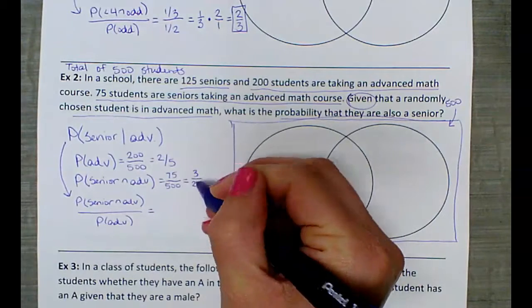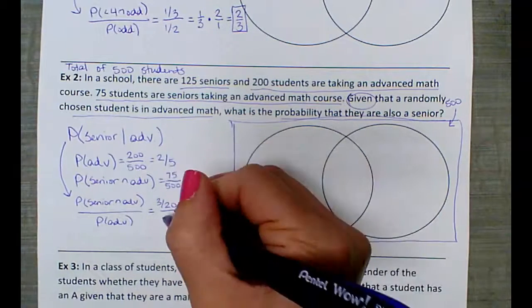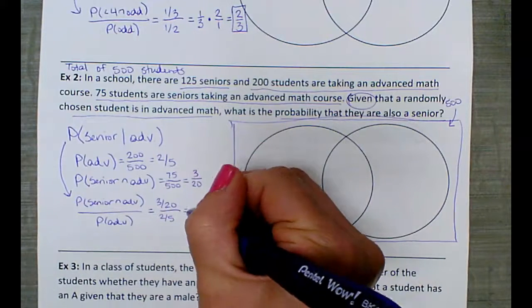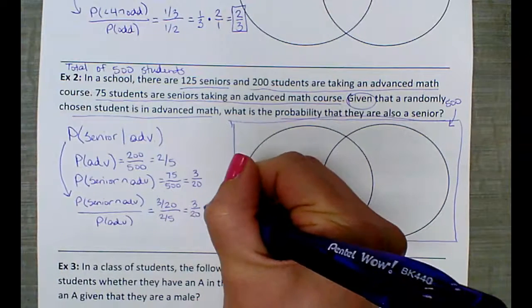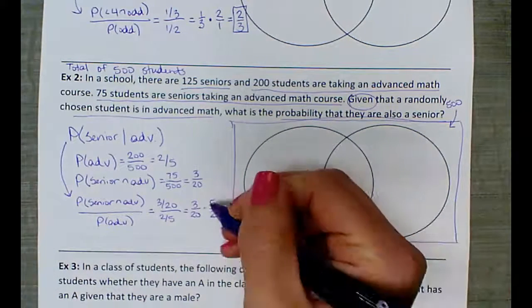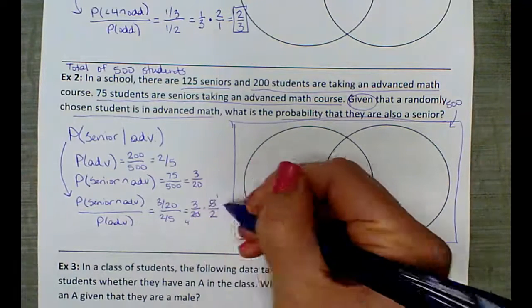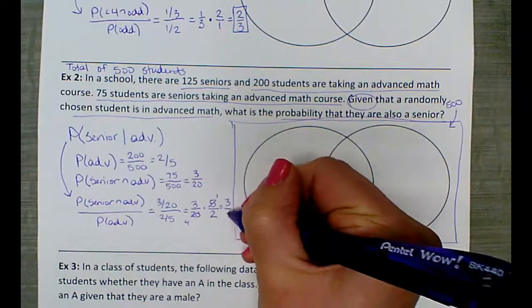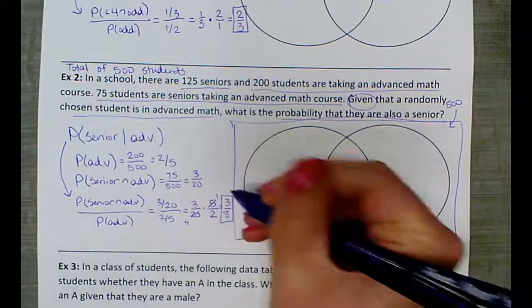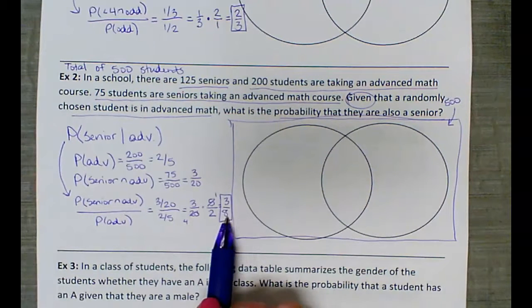So that's 3 out of 20, divided by 2 out of 5, 3 out of 20 times the reciprocal, 5 over 2. The 5 and the 20 are both simplifiable by 5. So this is 3 out of 8. The probability that a student chosen at random is a senior, given that they're in an advanced math class, is 3 out of 8.